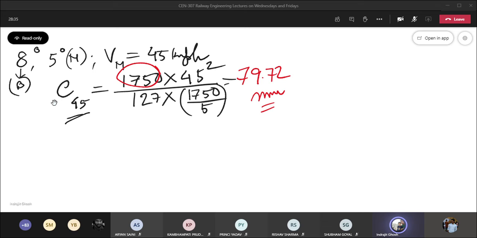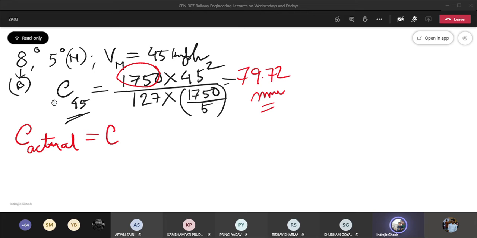So if I ask you to give me the value of actual cant, what is it? Again, your formula: cant deficiency is equal to cant for maximum speed minus actual cant. So I bring the actual cant to the left-hand side. What do I have on the right-hand side now?